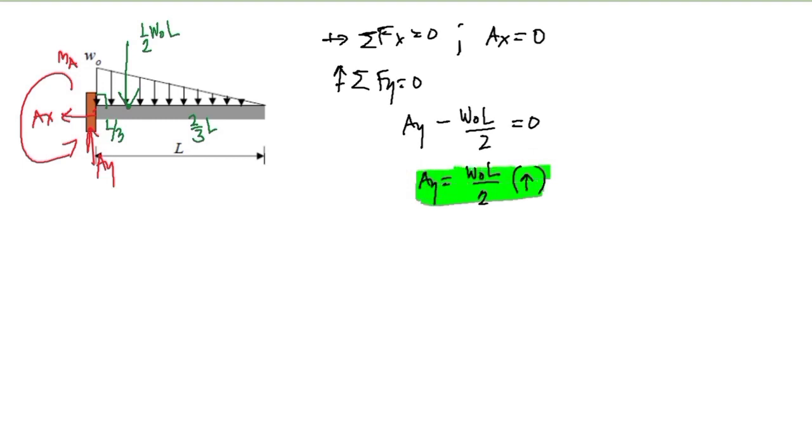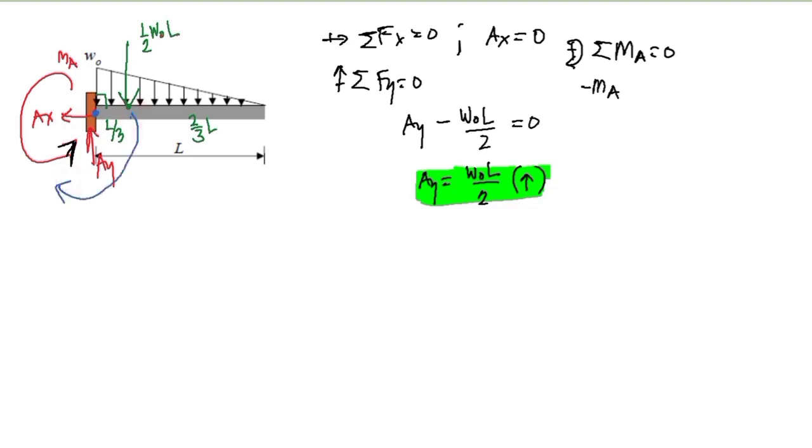And for the moment, if we are going to summate moment at point A is equal to 0, taking the clockwise direction as positive, we assume that the moment at A is directed counterclockwise. So this is negative moment at A. And the moment to be created by this resultant na W sub O L over 2 will be clockwise, kasi pababa siya, so iikot siya ng clockwise.